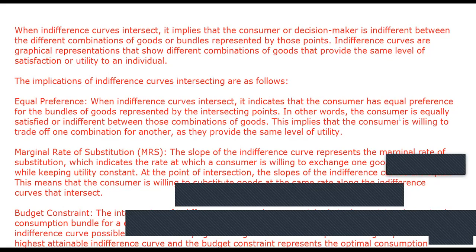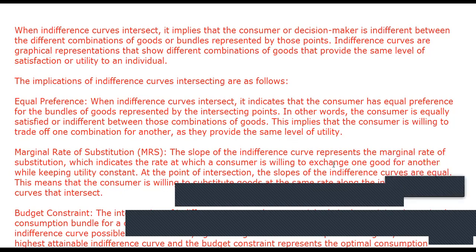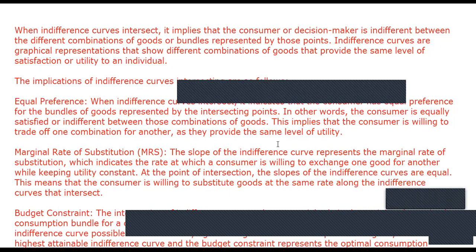So this implies that the consumer is willing to trade off one combination for the other, which is not possible. The other implication is in terms of the marginal rate of substitution, meaning the slope represented by one indifference curve. At one point, if it intersects, it means that the consumer is also willing to substitute goods at the same rate for another slope. So this is not possible.